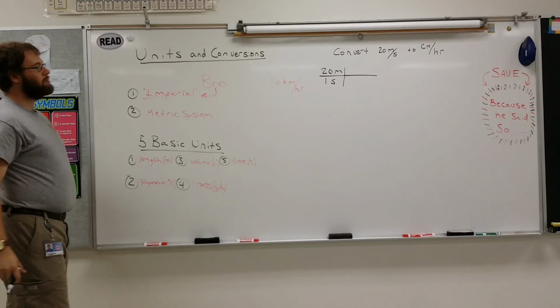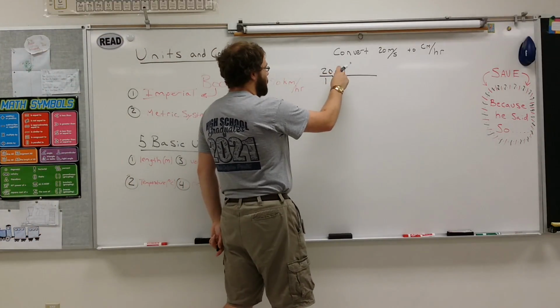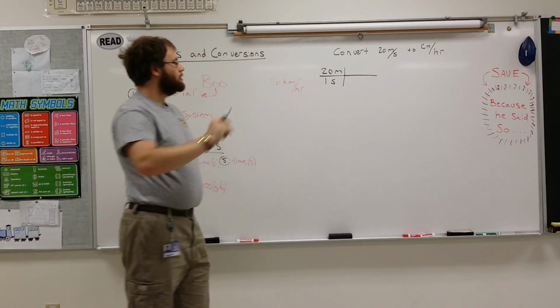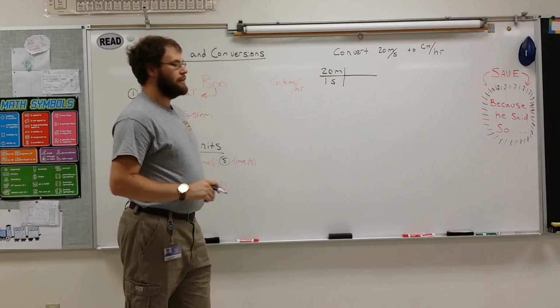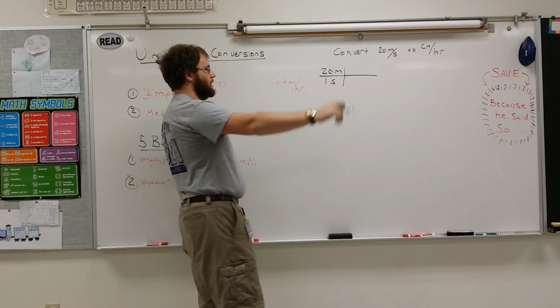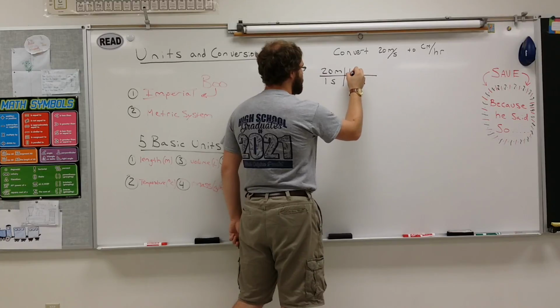The first thing I'm going to want to do is convert those meters to centimeters. I want to line up my next thing so that the units are on top and bottom of each other, because then they'll cancel out. You'll see what I mean in a moment. So, 1 meter has 100 centimeters in it.